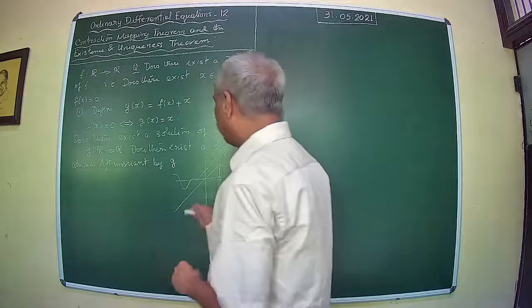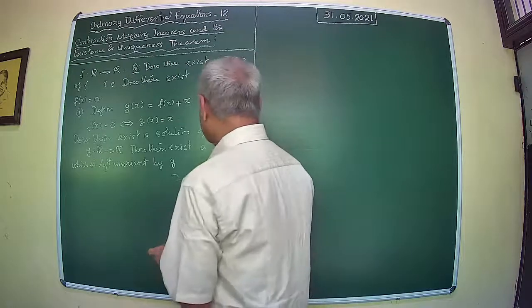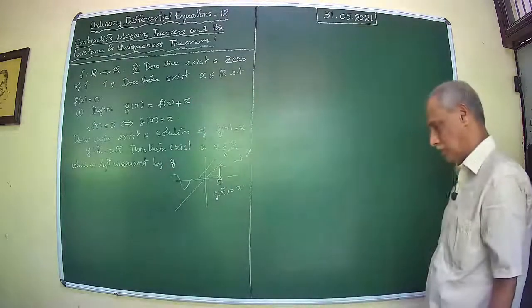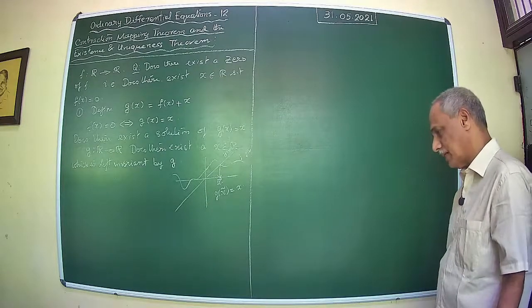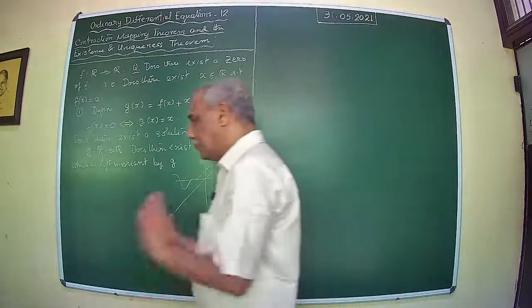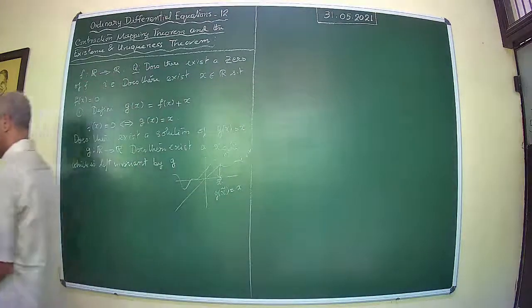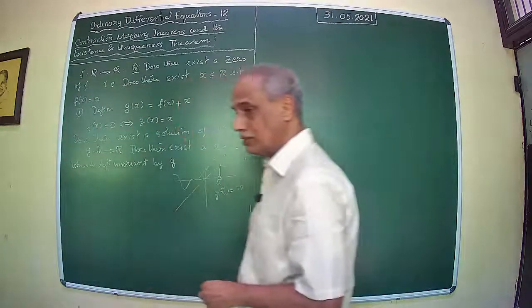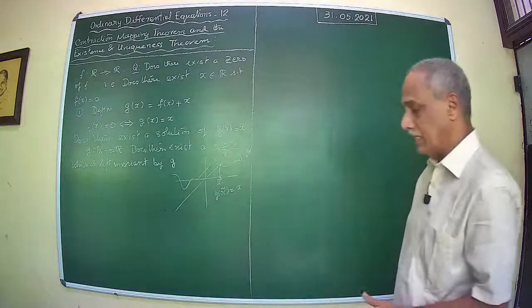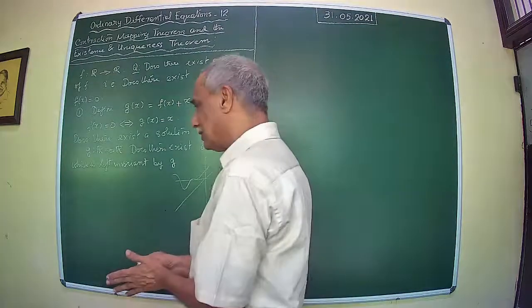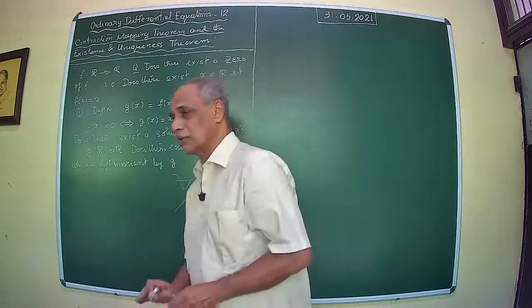Now it is quite possible that this function does not intersect this line at all. Okay. Secondly, it may be the case that it intersects at more than one point. Accordingly, there exists no solution at all, or there exist several solutions for this problem.